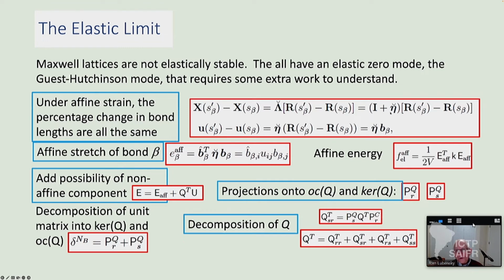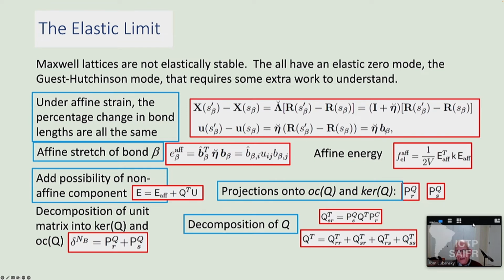Remember, this is grad with respect to the x variable of the u displacement, and this is then multiplying the distance between the equilibrium positions. And this translates then into u of s prime minus u of s is the eta matrix, which remember is the linear displacement matrix, times the rest vector connecting s to s prime.